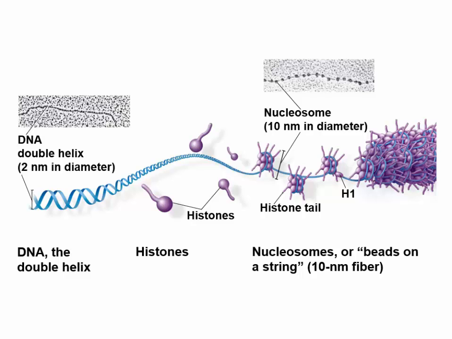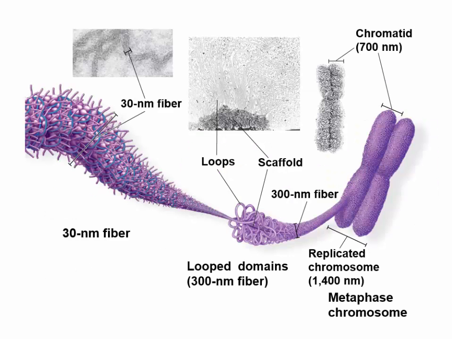So you get this big 30 nanometer fiber. And then that fiber itself looping and creating a scaffold to become a 300 nanometer fiber, which then folds some more and becomes a 1400 nanometer fiber.